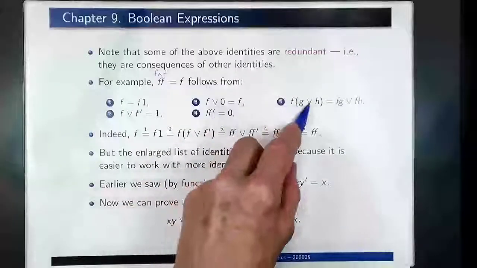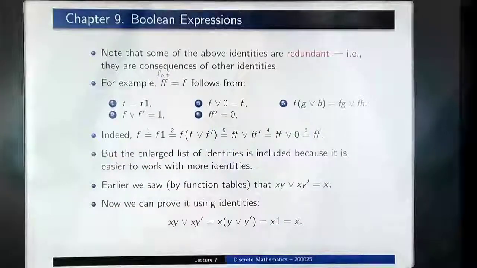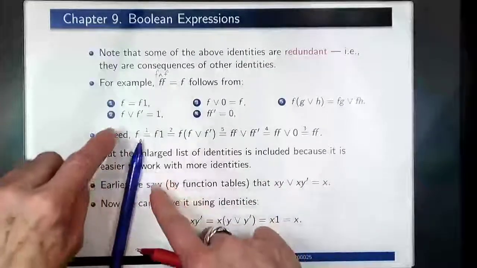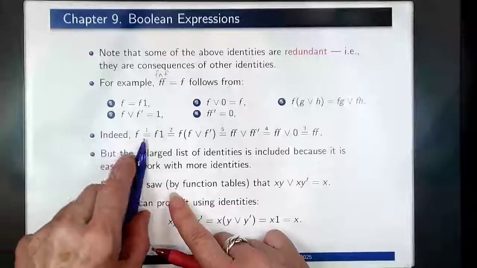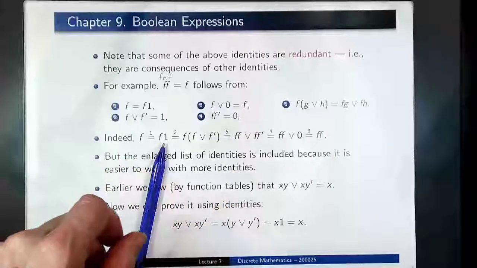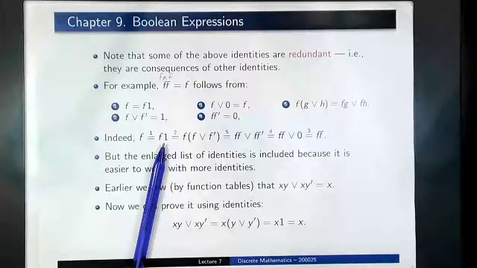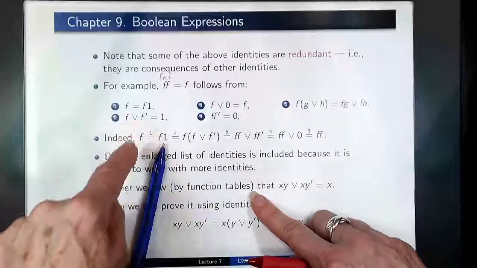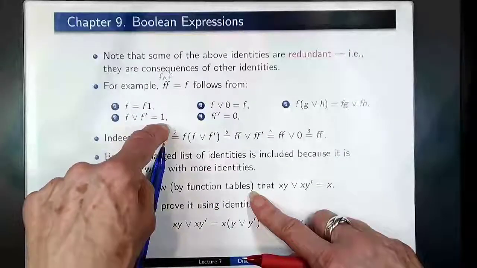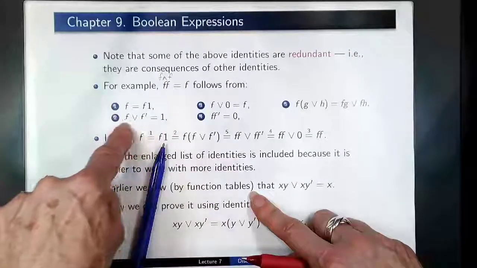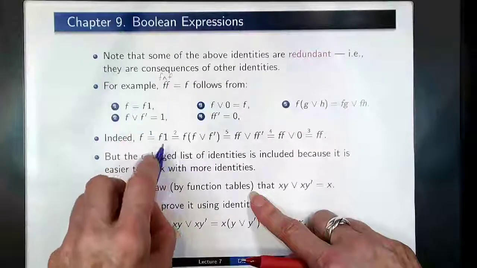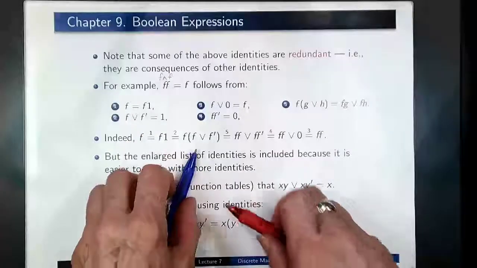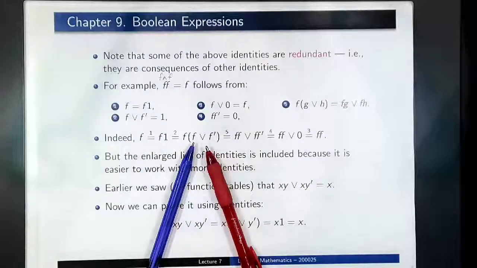There's some of the other identities written here from the previous slides. So let's start with f. From the one we've called 1 here, f is the same as f and 1. Now, by 2, 1 is the same as f or f dash, f or not f. So I could replace 1 with f or not f. So we've done it, f and (f or not f). All right, things are becoming more complicated, but this is fun anyway.